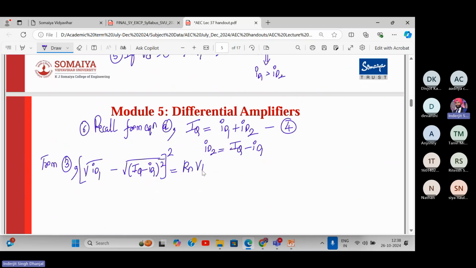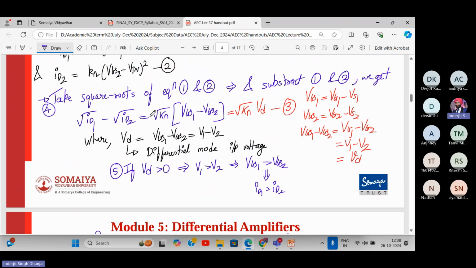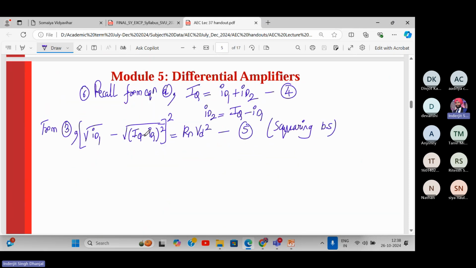So Kn times Vd square we will write. So here what we did, squaring both sides. Did you understand what we did? Here we just subtracted. Now we squared it also. So root of Kn times Vd becomes Kn times Vd square. Here it is. And instead of ID2, we substituted IQ minus ID1. Understood this? Yes or no?